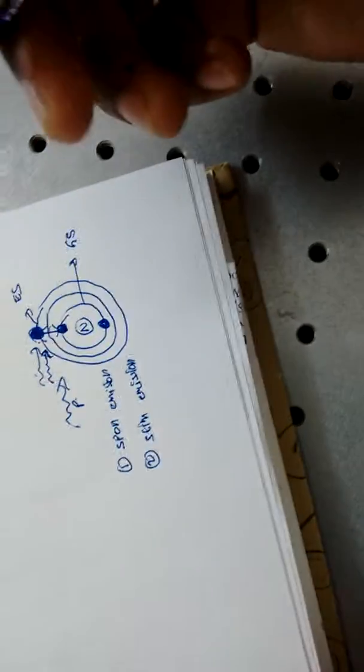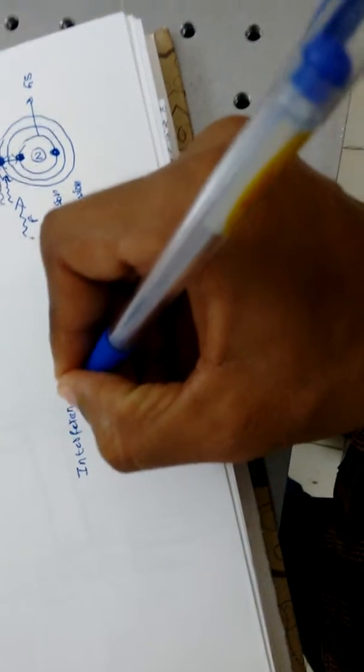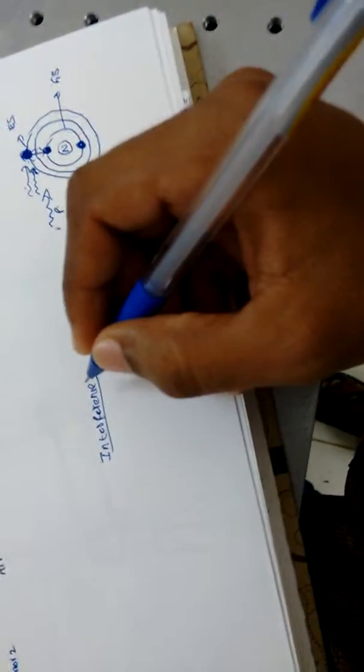Then we can have a brief discussion about interference. Interference is the interaction of two waves which results in higher amplitude or lower amplitude.